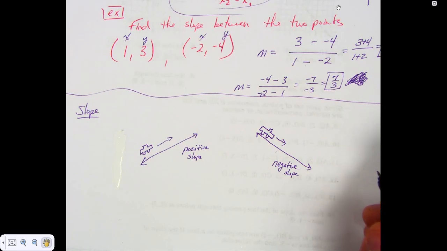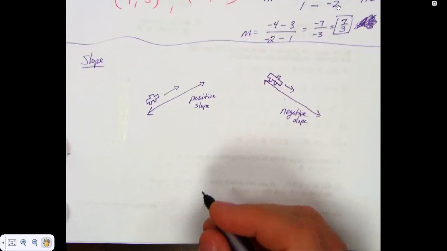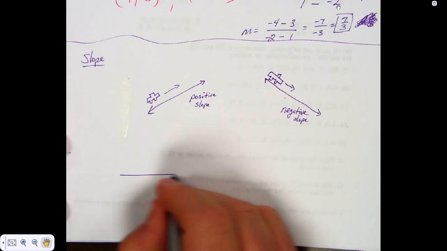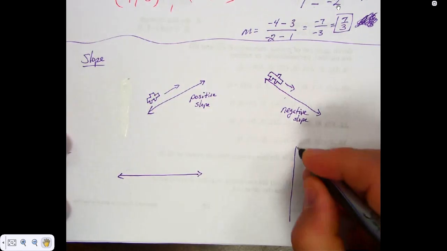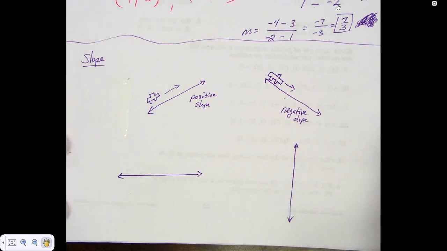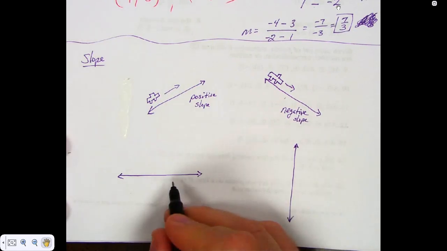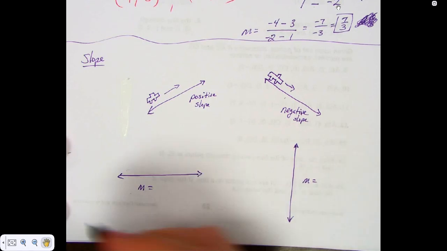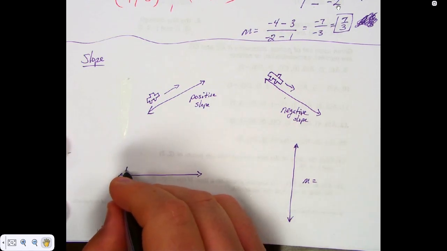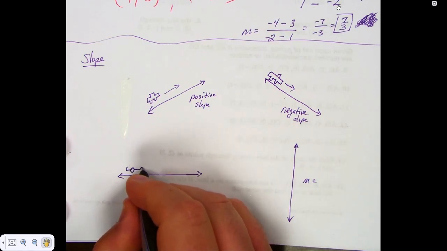Now, the ones that sometimes mess with people are these two. We have two other special types of slope. And here's a way you can remember this.